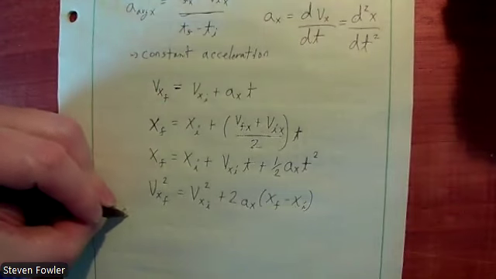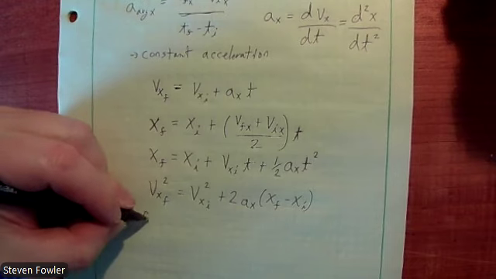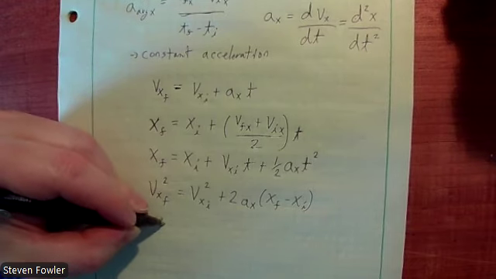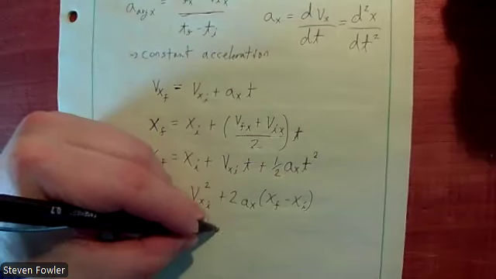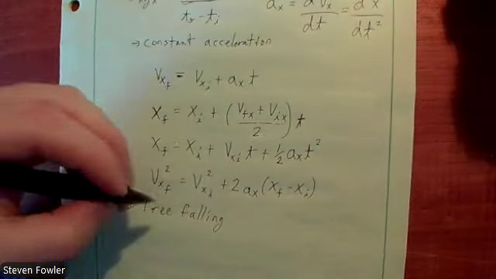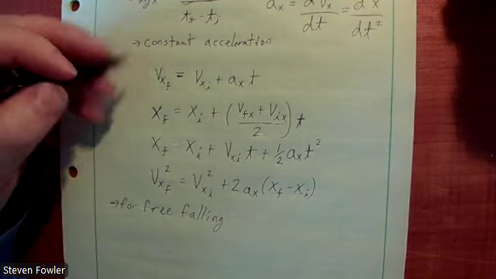Now, there are a set of problems you'll encounter that are what we call free fall. If something is free falling, these equations also apply, but they're in the y direction.